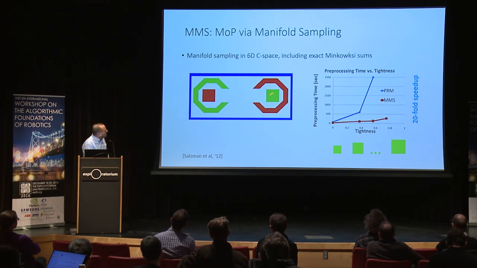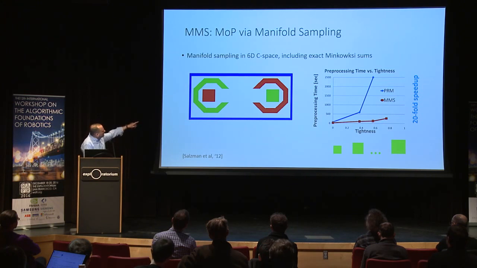The green parts are the source position, and the red parts are the target position. So the square and the Pac-Man have to swap places. And the Pac-Man first has to swallow the square.